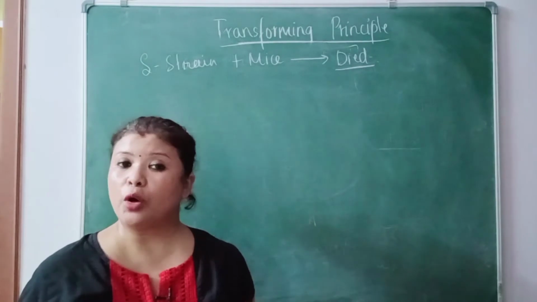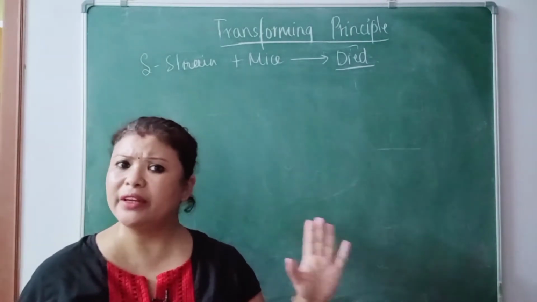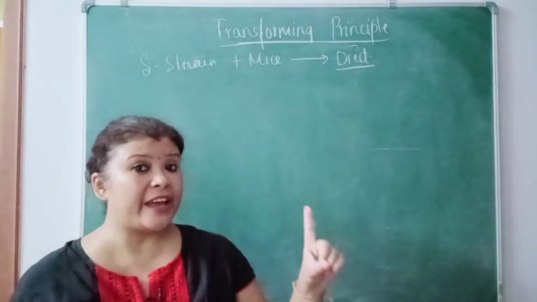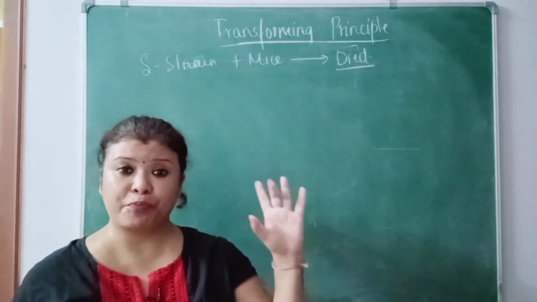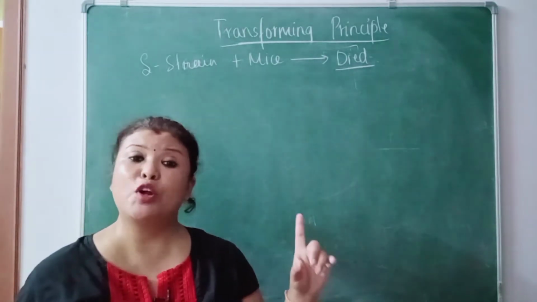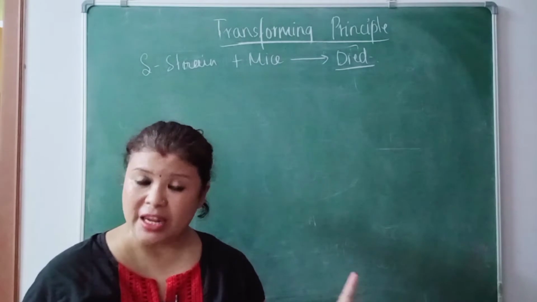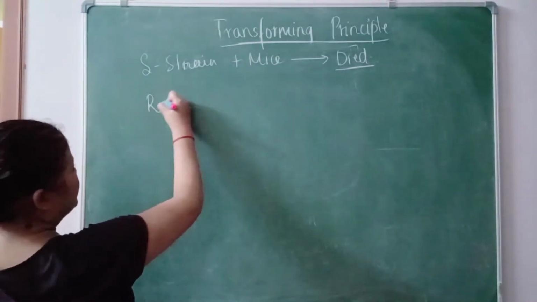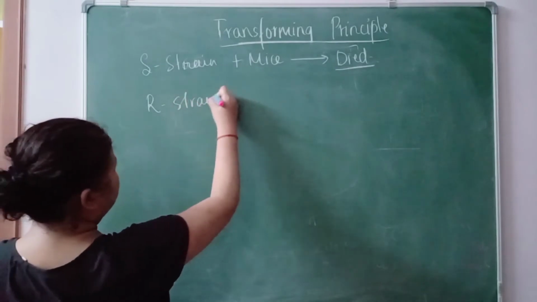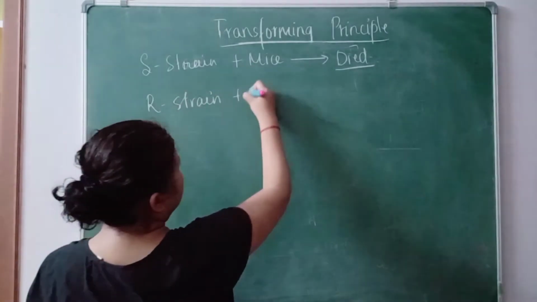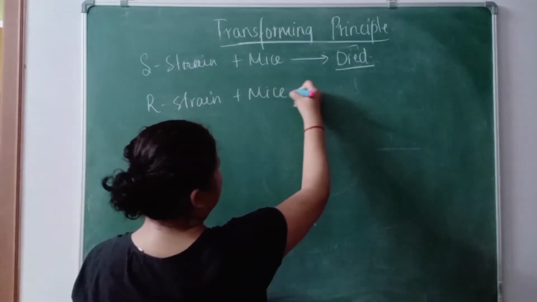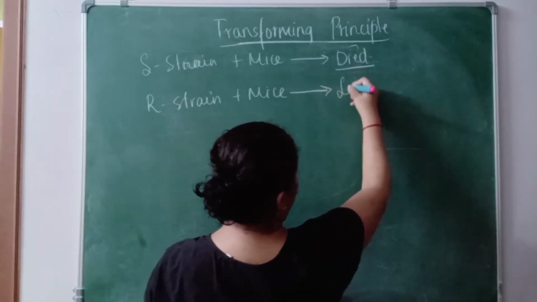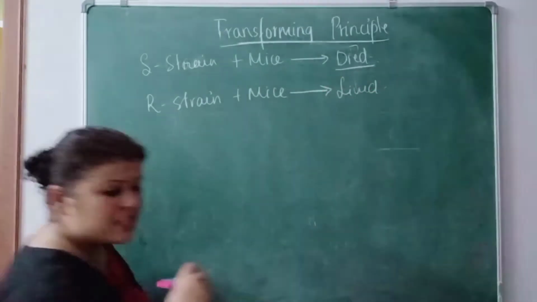But still he did not conclude that the S strain was the one which is pathogenic or caused the disease, because he still had another strain, that is the R strain. So next he took the R strain and injected it into the mice, and he observed that the mice lived.